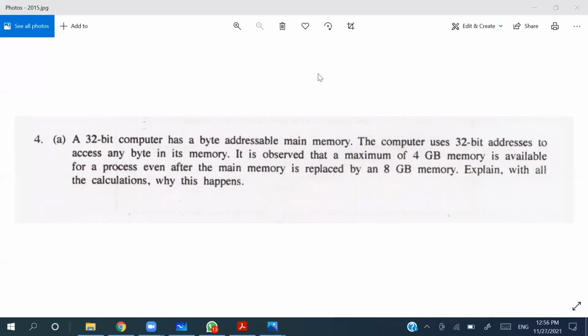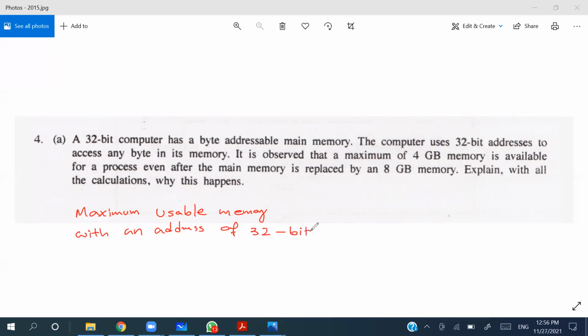If the width of the address is 32-bit, we can specifically say something like this: maximum usable memory. If I'm going to be much clearer, maximum usable memory with an address of 32-bit.